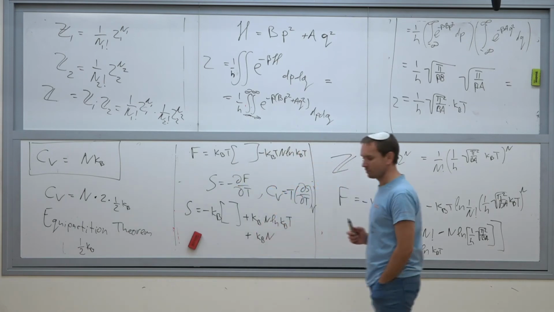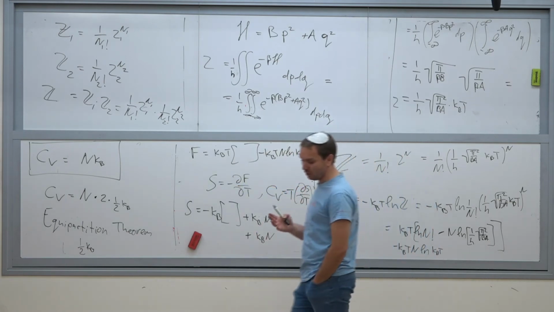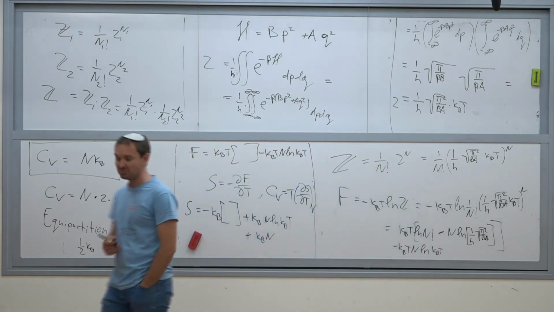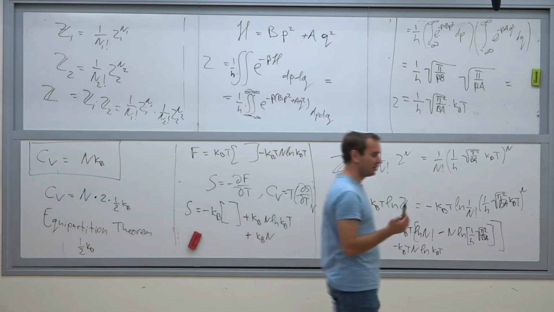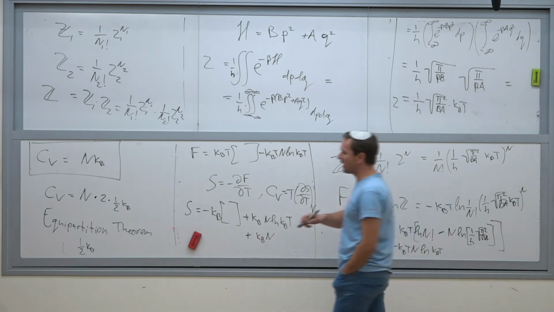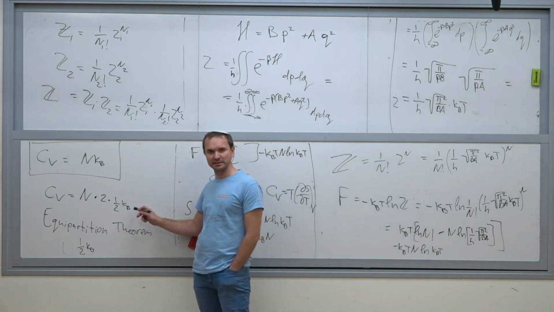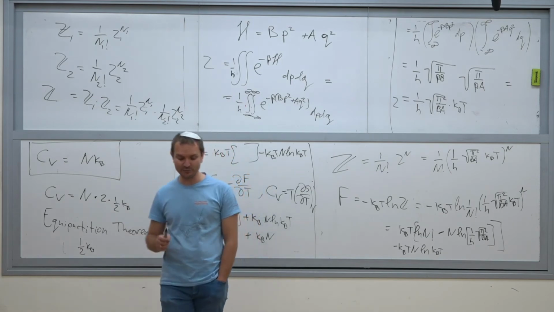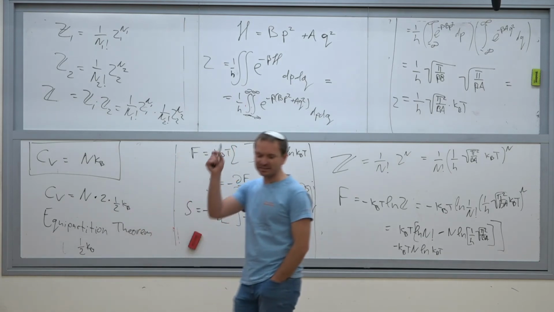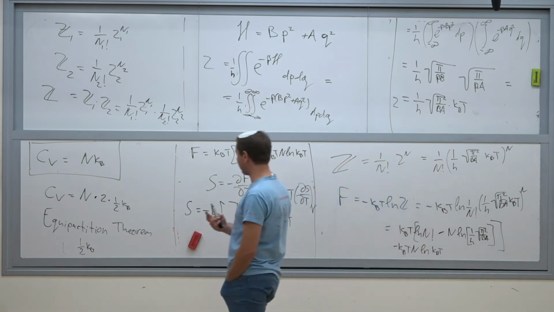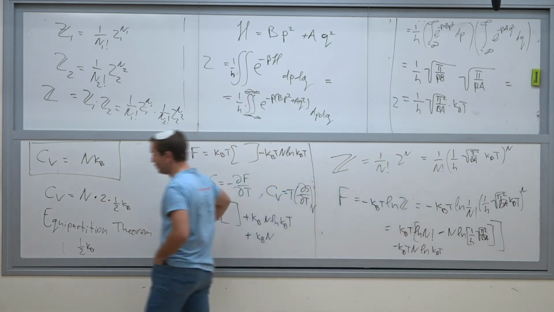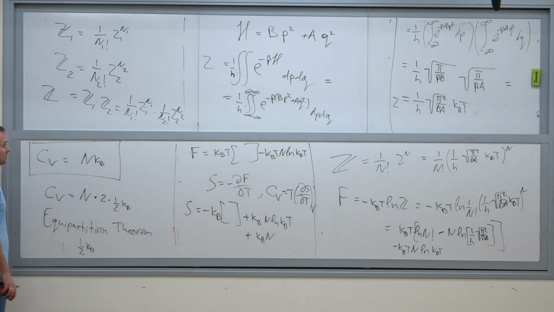So if you're looking at the heat capacity for high enough temperatures of different molecules, by actually counting how many halves of k Boltzmann I have over here, I can actually understand what the different degrees of freedom are for my molecules.